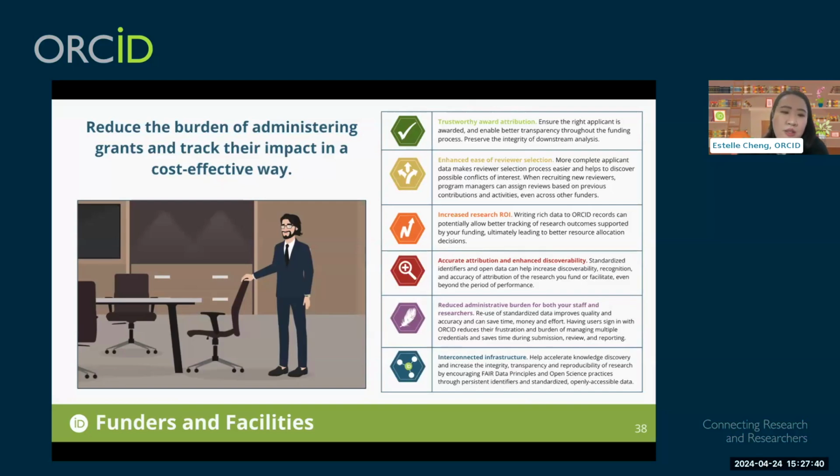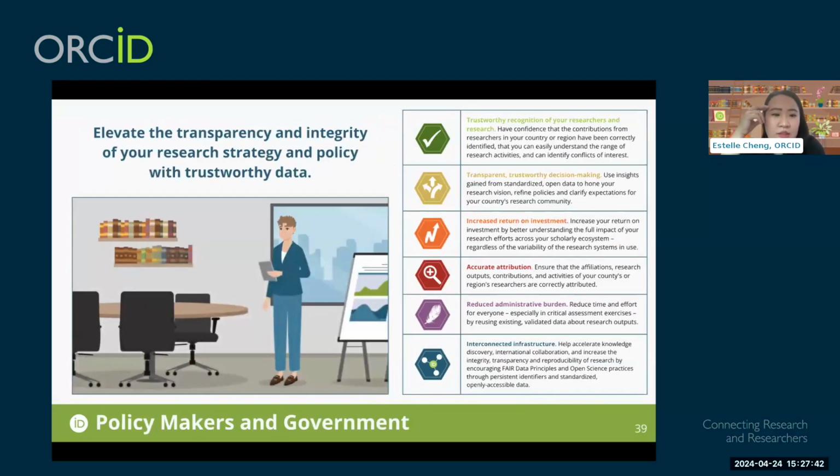And for government or policymakers, one of the top things when they invent any policy or recommendations is to ensure they elevate the transparency and integrity of their research strategy, and of course with trustworthy data. These are the goals, and by working or integrating with ORCID, this can help them to achieve such goals.